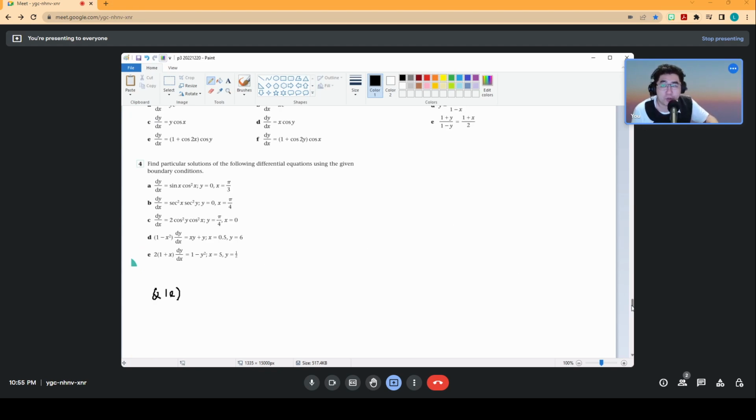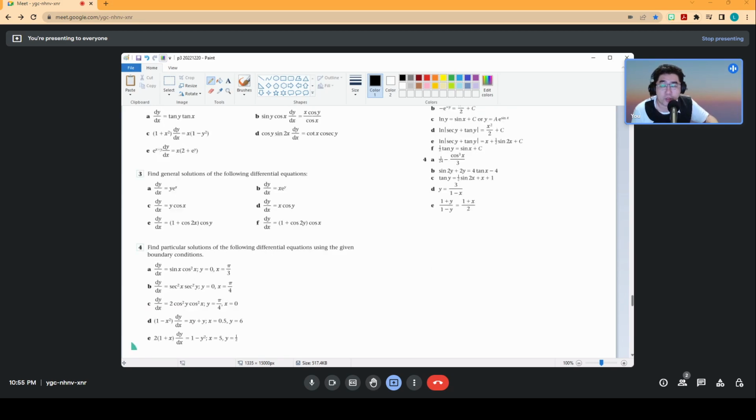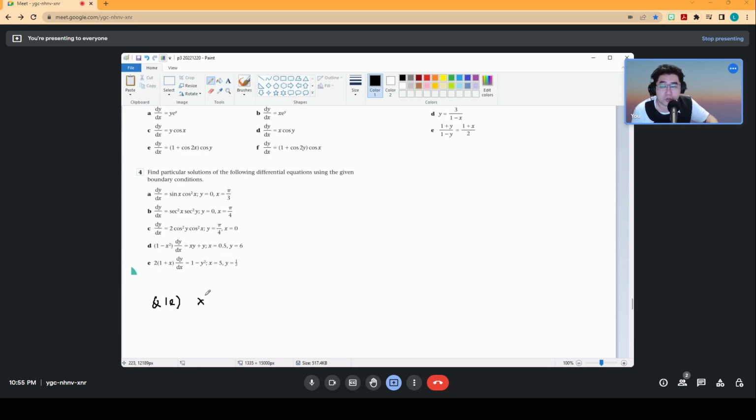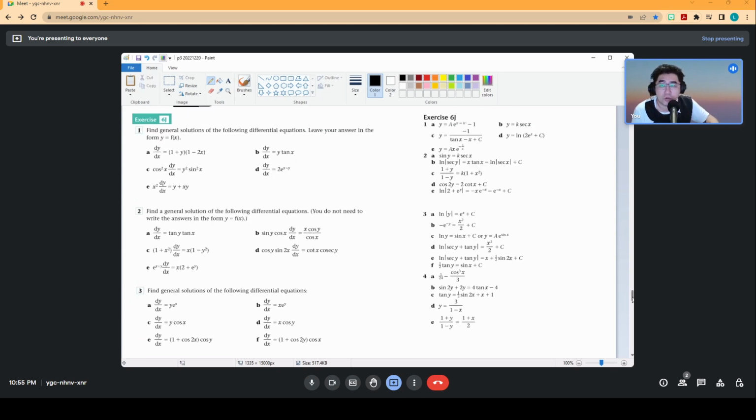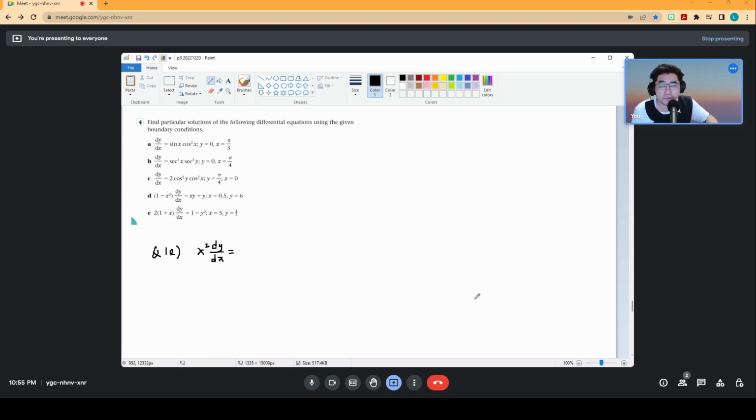So question 1E, we have x squared dy/dx equals y plus xy. As I say, all the y have to be together on the same side, all the x together on the same side. So first of all, I factor out y from here.